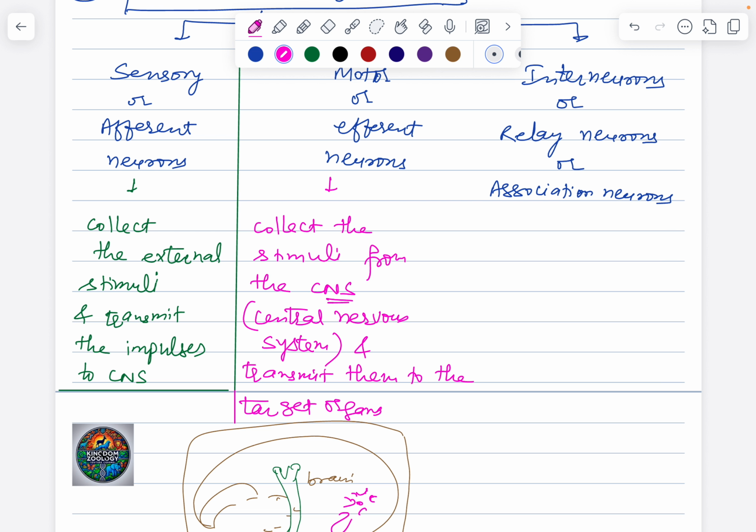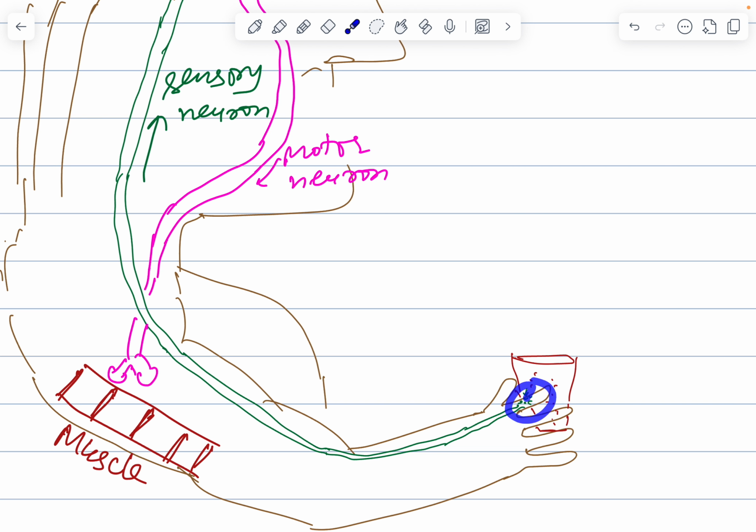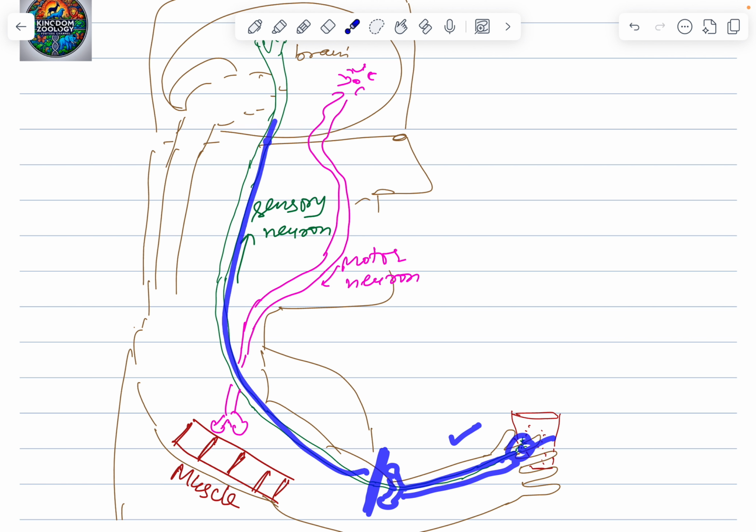Let's say the green one was the sensory neuron, but the sensory neuron started from the fingers and ended over here. That's it. This much was the size of the sensory neuron. If the sensory neuron ends over here, who's going to send the information to the brain? It will require the help of some other neurons.